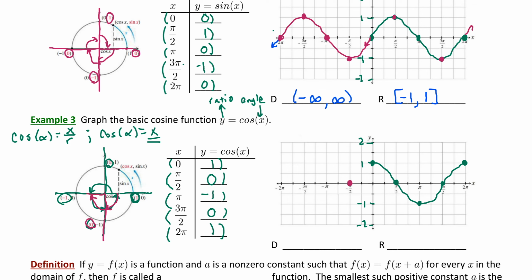If we rotate to negative pi, cosine of negative pi is -1. So we have ordered pair (-pi, -1). Rotating to negative 3 pi over 2, cosine of -3 pi over 2 is 0. So we have ordered pair (-3 pi over 2, 0). And then finally, cosine of -2 pi is equal to 1. So we have ordered pair (-2 pi, 1).